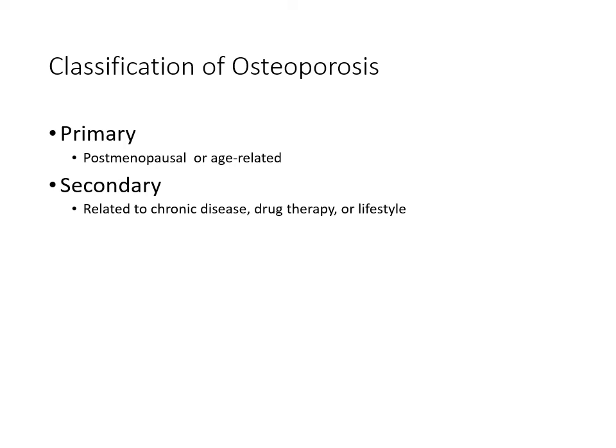We can classify osteoporosis into primary and secondary. The primary osteoporosis is due to postmenopause or age-related, and secondary is related to a chronic disease, drug therapies, and lifestyle, like a sedentary lifestyle.